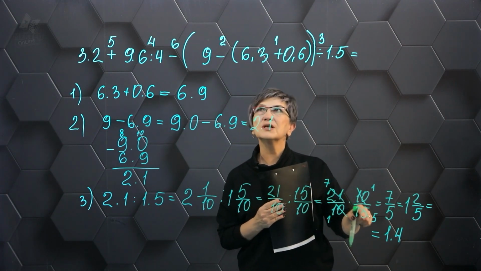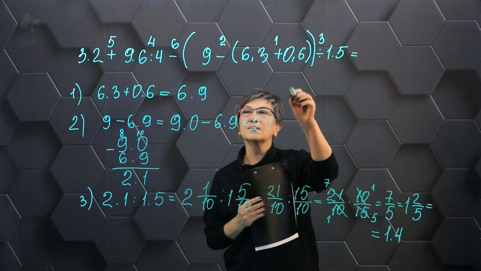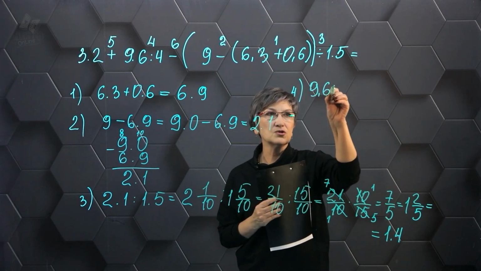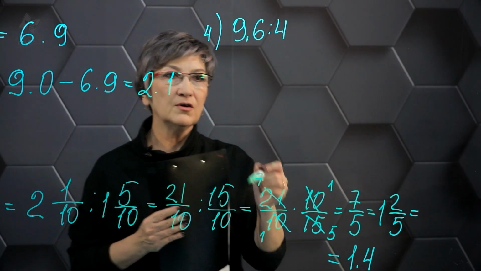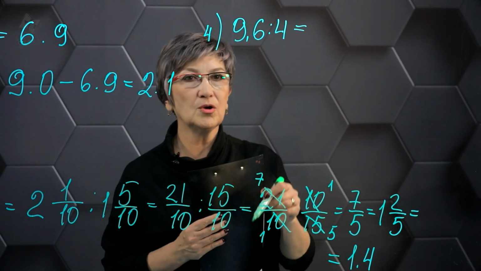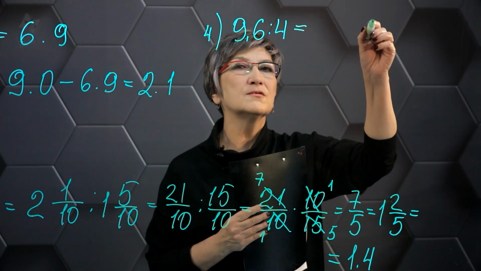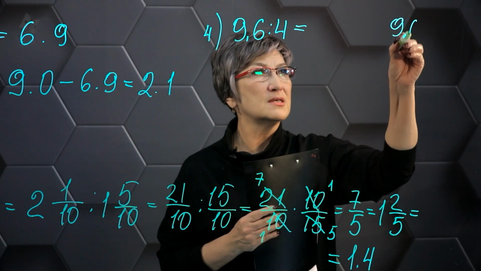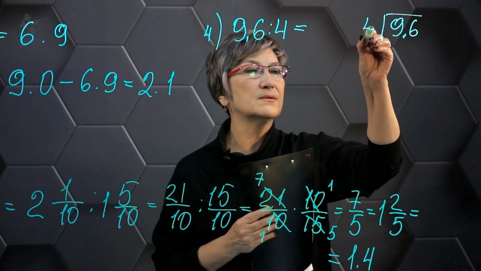Now the next action is the fourth action. I need to divide 9.6 by 4. In this case, you and I will still remember how to divide a decimal fraction by a number in a column. So 9.6 I'm dividing by 4.